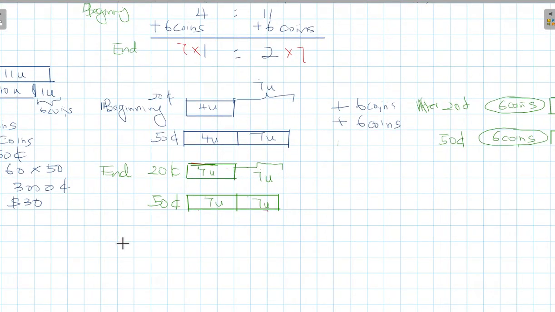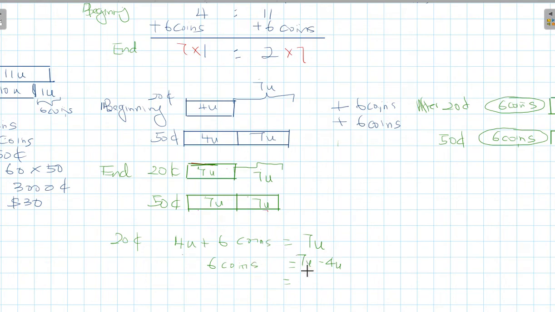So for the 20 cent, from 4 unit, you add 6 coins, will give you 7 unit. Okay? So you take 7 unit minus off 4 unit because you bring this over, right? Because here is a plus, you don't see any minus, so it's a plus. You bring it over here, it becomes a minus. So 6 coins.